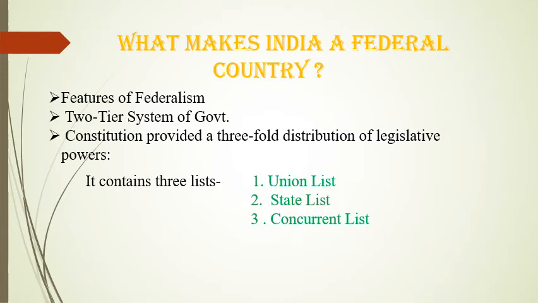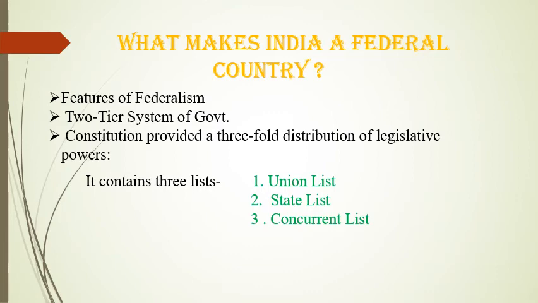Second, state list. It contains subjects of state and local importance like police, trade, commerce, agriculture, and irrigation. The state government alone can make laws relating to the subjects mentioned in the state list. Third, concurrent list. It includes subjects of common interest to both the union and state governments like education, forest, trade unions, marriage, adoption and succession.